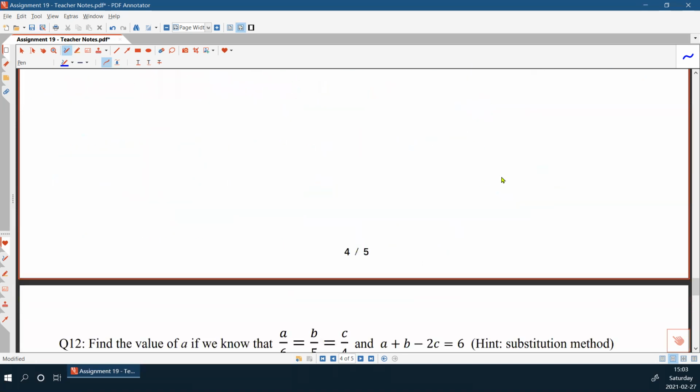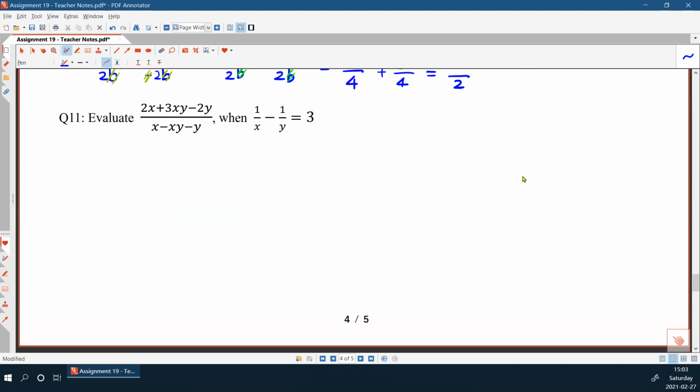Okay, let's see the next one. The logic behind is actually the same, right? Because this is actually a relationship between x and y. It tells you that 1 over x equals 3 plus 1 over y, right? This is actually 3y plus 1, right?